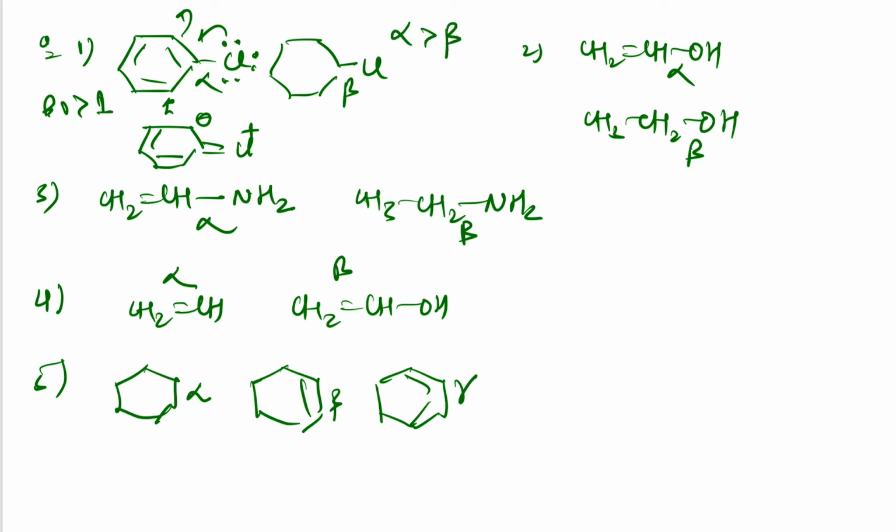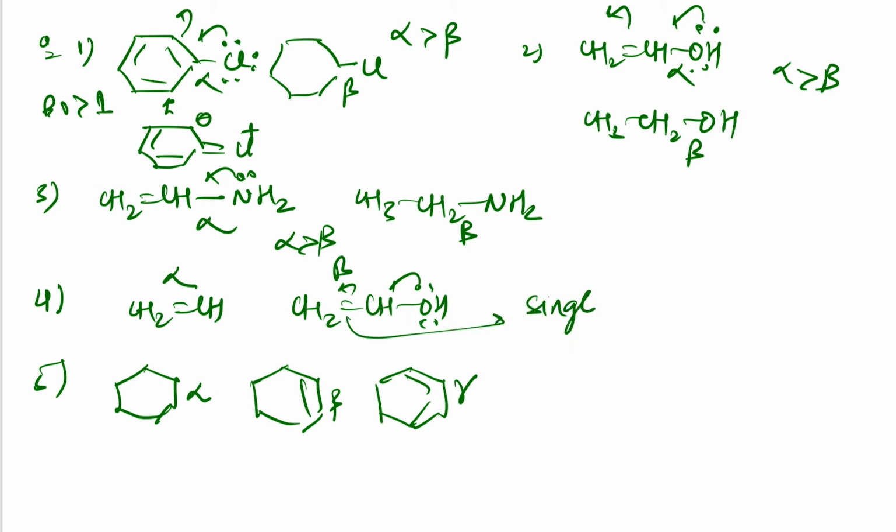Where resonance is occurring, there is a tendency to occupy a multiple bond. So here also the bond order of alpha is greater than beta. Here also resonance is happening, so alpha is greater than beta. Here also resonance is happening, so it now has single bond character, meaning its bond order is less than 2, and the other bond order is exactly 2.